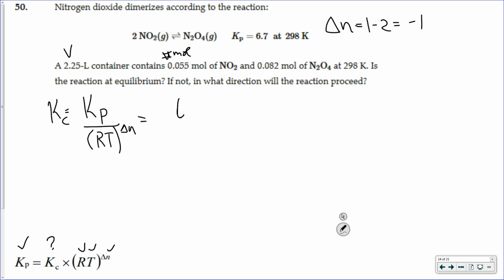So 6.7 divided by the value of R times temperature, 298, and raise that to the minus 1 power. And I get 164.